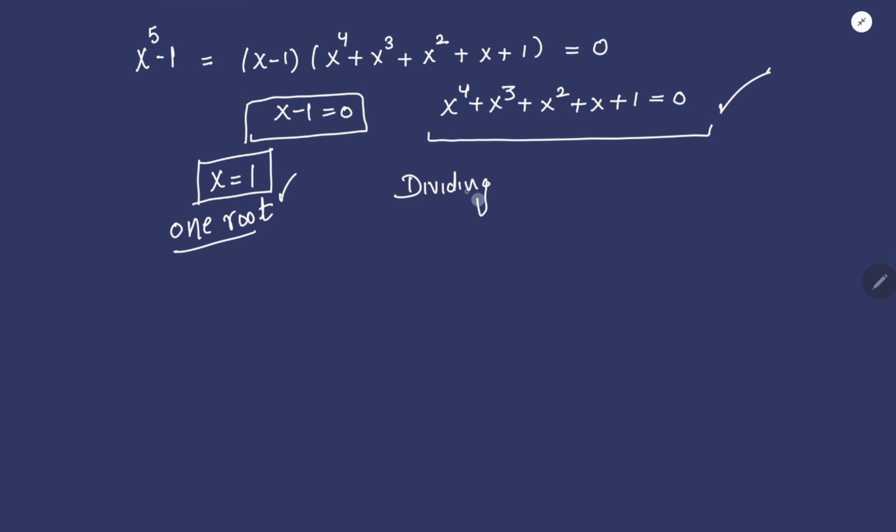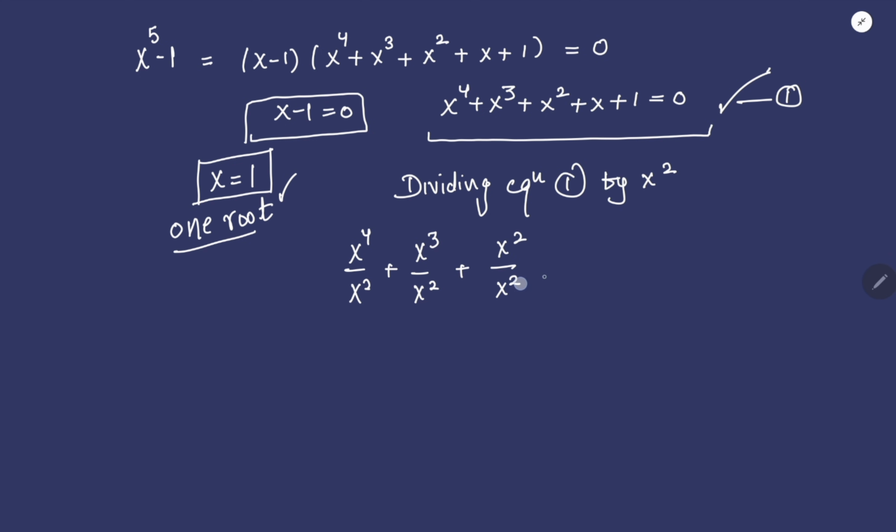Whenever we have this type of question, we always proceed like this. Dividing the whole equation, suppose I say this is equation number 1, by x square. What will I get now? x4 by x square, x cube by x square, x square by x square.